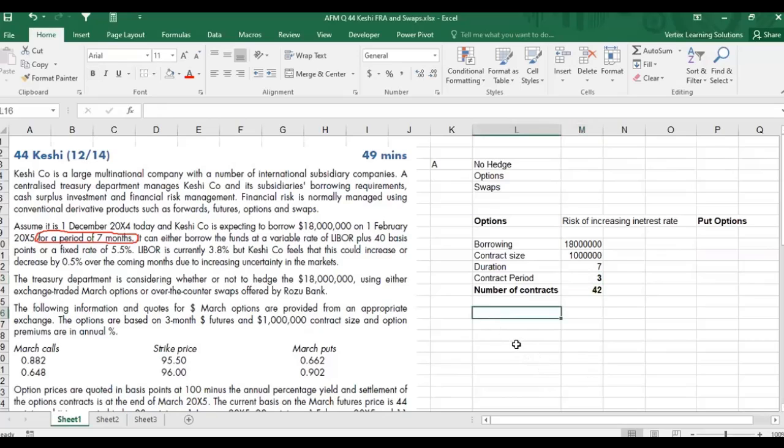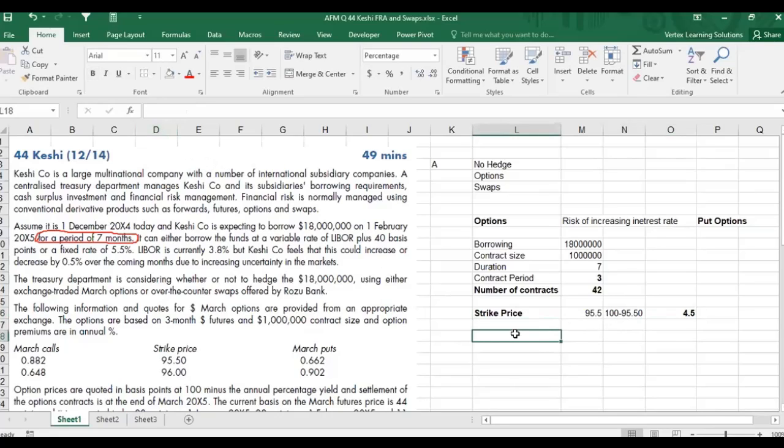What is next? You have a strike price, which is 95.50. If I say 100 minus 95.50, it gives me 4.5% actually. You have the strike price 4.50 in March.